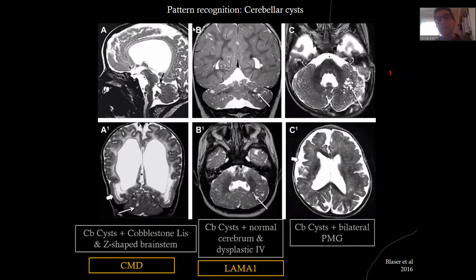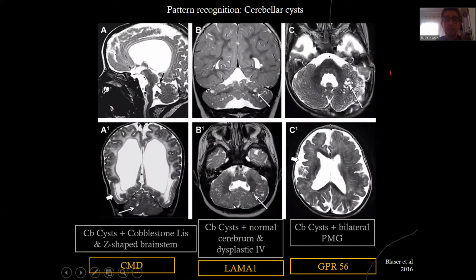While in this other case, we just have two things, cysts and bilateral polymicrogyria. So you see these hemispheres are very small and quite abnormal. And this is another gene, GPR56. Now, you don't need to do all this diagnosis because, of course, these are very rare and so on. But what I want to stress is the fact that you need to decide where to start.